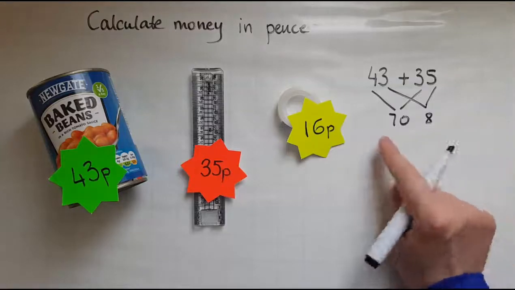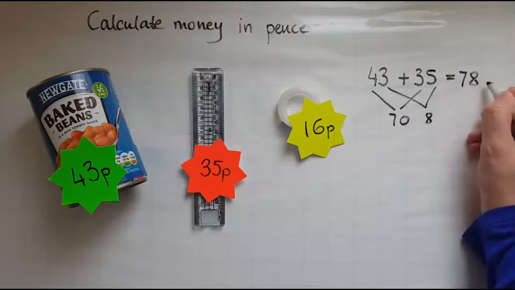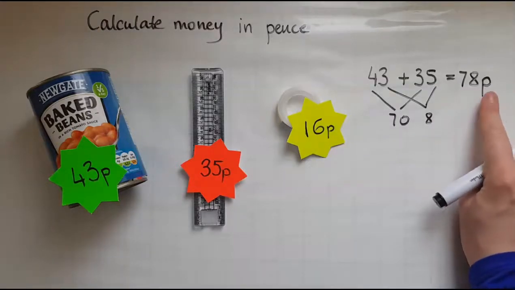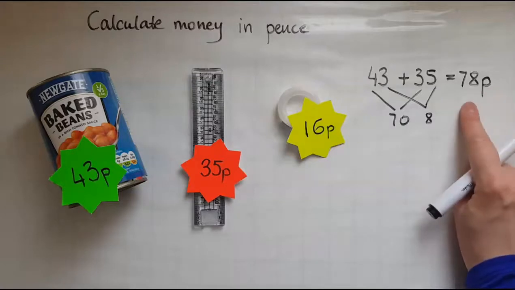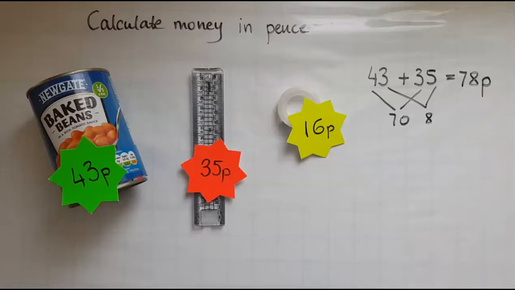So you could do this in your head as well. 70 and 8 gives me 78 pence. I need to write what it is. Is it pence? Is it pounds? So I've got to write the unit there.